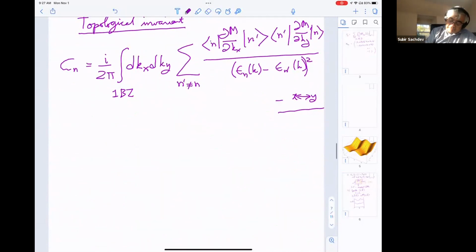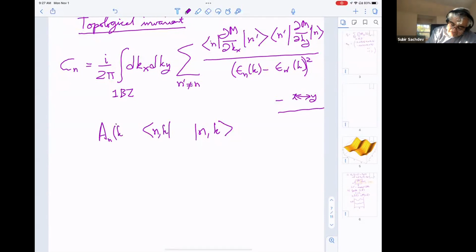So you have a bunch of states |K, N⟩, and you can define a so-called Berry connection, which is A_N(K), which is the following object. So you just evaluate how the wave function changes as a function of K. This is called the Berry connection.